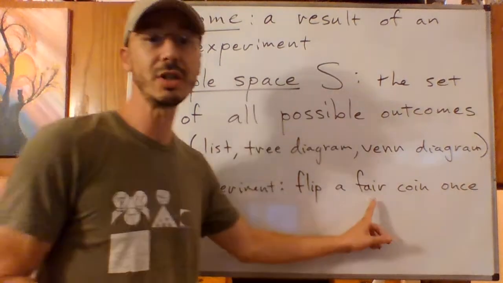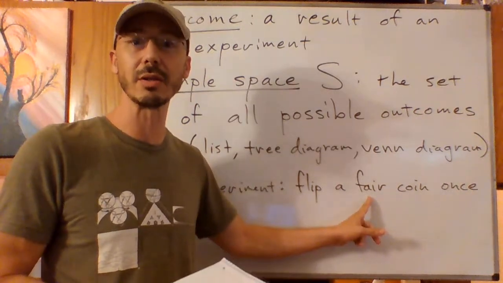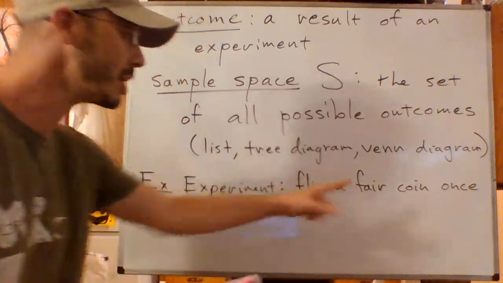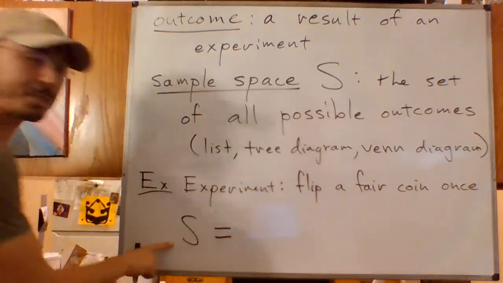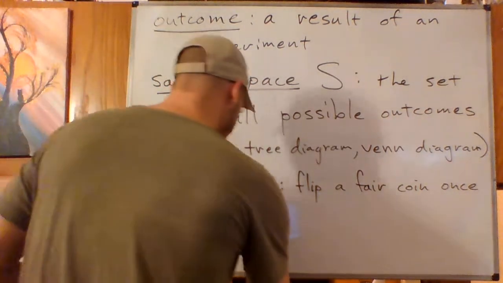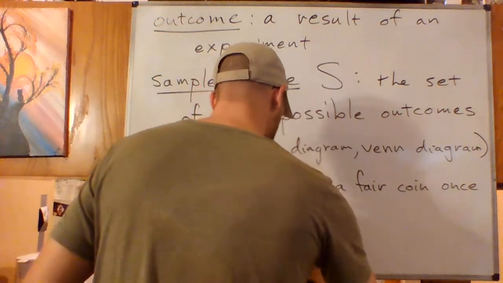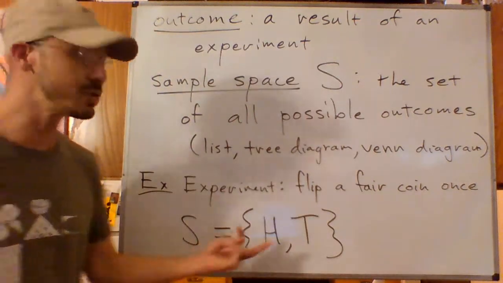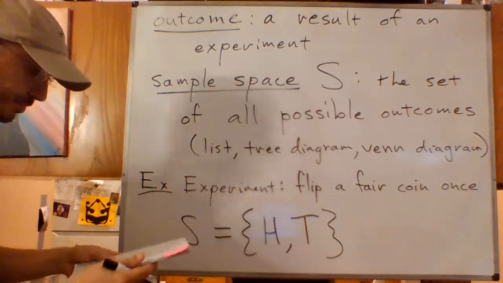We'll talk about cheater coins later a little bit. You can design a coin that's made to come up heads more often than it comes up tails, for example. But here, a fair coin, in this case, the sample space S is equal to the two possible outcomes, H and T, H for heads and T for tails. So there's only two things that can happen. This is the whole sample space in this case.